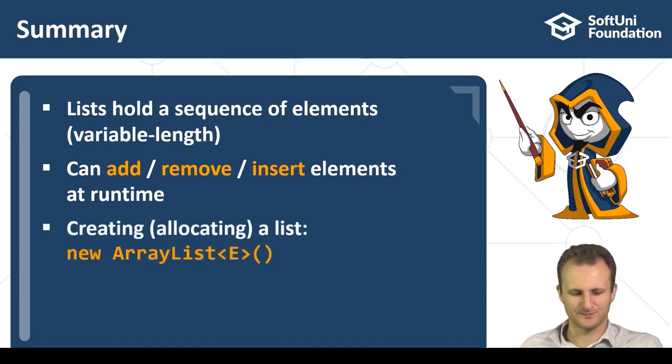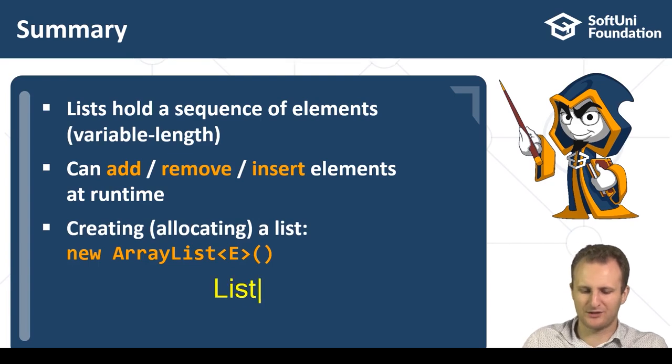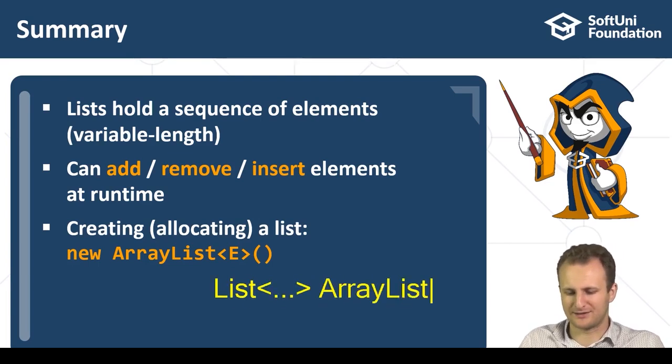Okay, so how do we create a list? The list type we are using currently is the ArrayList, and this ArrayList is created by just typing in new ArrayList and assigning that to either a List of something or an ArrayList of something.